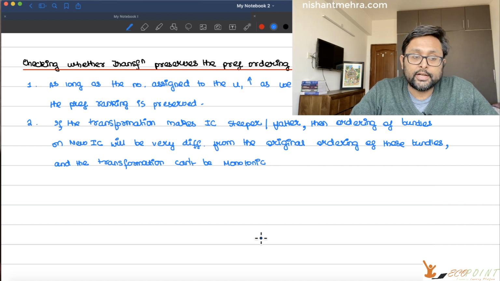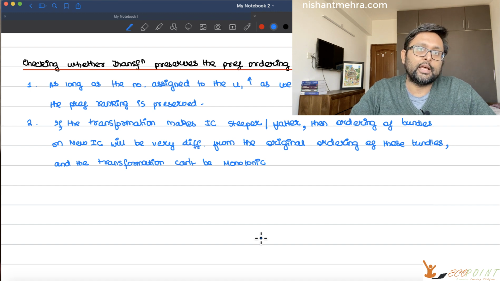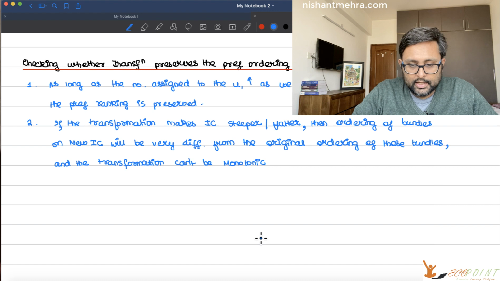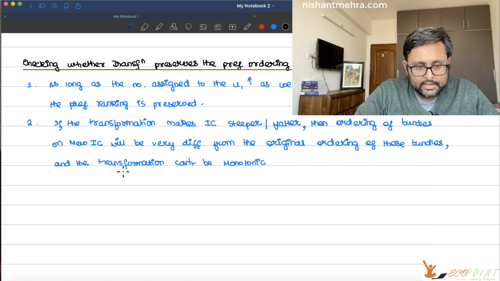Anyways, what I was trying to tell you is that if you're going to transform the bundle, and if that transformation is going to make the IC steeper or flatter or something, then this may not be a monotonic transformation. So what do you mean by this?